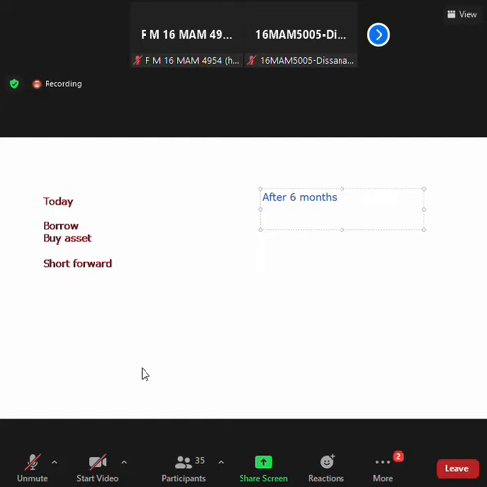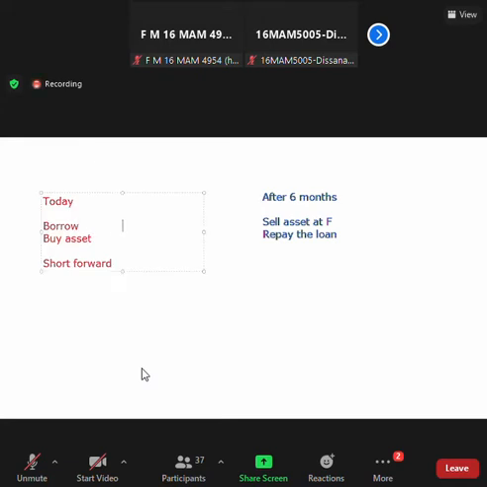Very good. You will sell the asset at forward price and repay the loan. Repay the borrowed loan. So we will put some values here.